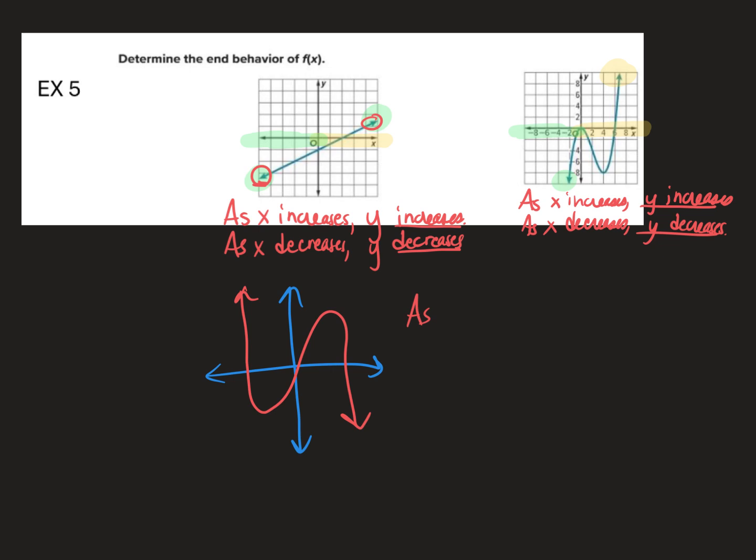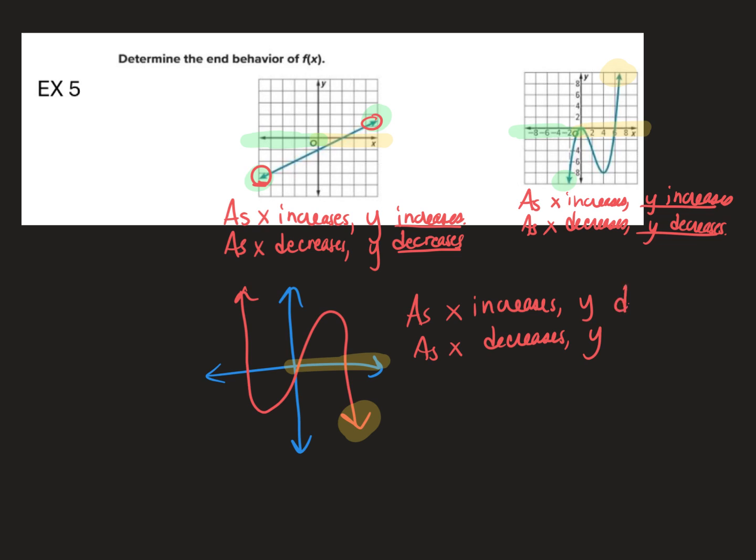So as x increases, we have to figure out what y is doing, and as x decreases, we have to figure out what y is doing. So let me grab my highlighter. As x is increasing, what's happening here? Y is decreasing. It's going down or decreasing.